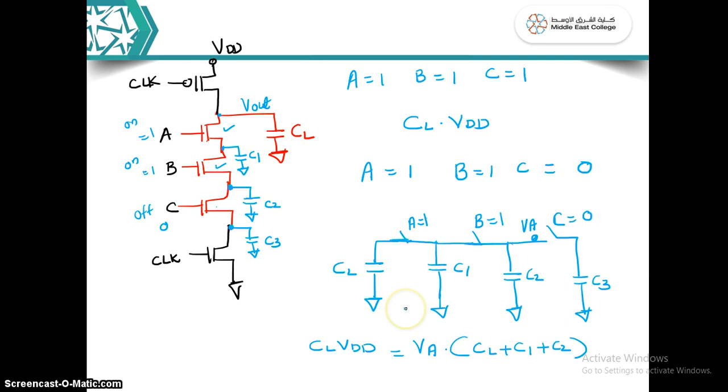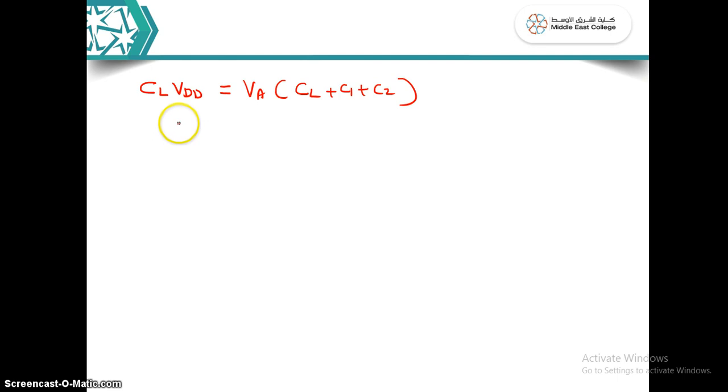So how much will VA be? VA is CL times VDD divided by CL plus C1 plus C2.